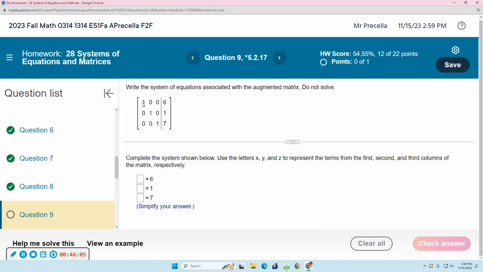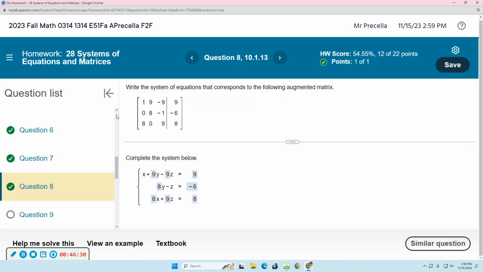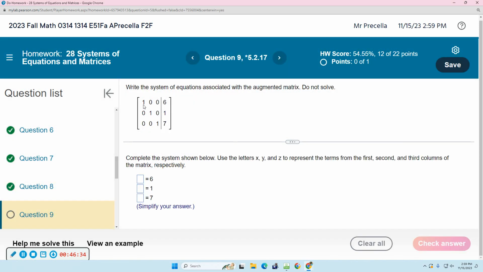Look at this. They've given us an augmented matrix. So let me write this down. Oh, I think we can do this without writing it down. Oh, you're right. It says, write the system of equations. Do not solve. Well, realize in Math 1324, we take augmented matrices that look like this and we get it so that we have ones down the diagonal and zeros above and below.